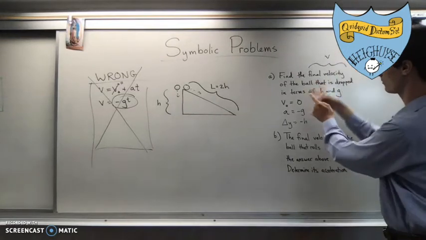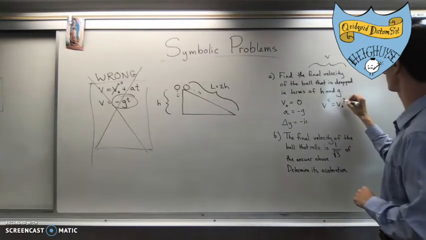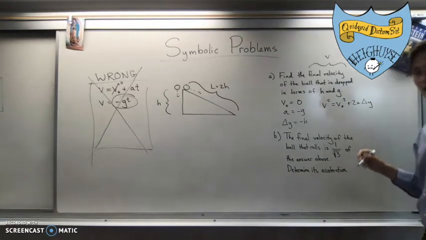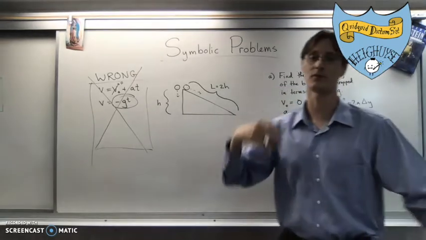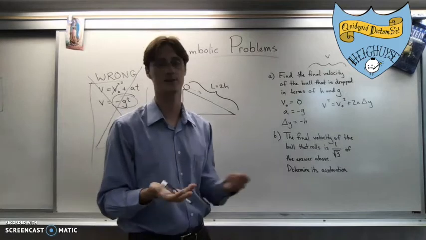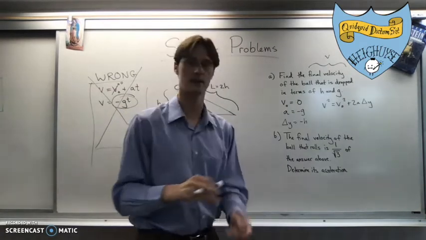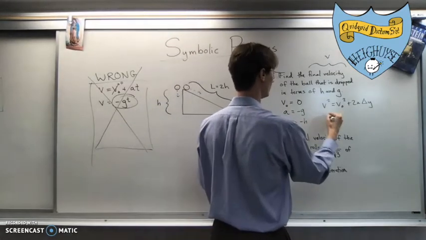So based on what we have here, I am going to use the time-independent equation. I'm just using delta y here because this is a vertically oriented problem. Your generic equation says delta x in it, but it could be delta y or delta z, whatever. Depends on what day of the week it is or something. All right, now, v is what we want to know.